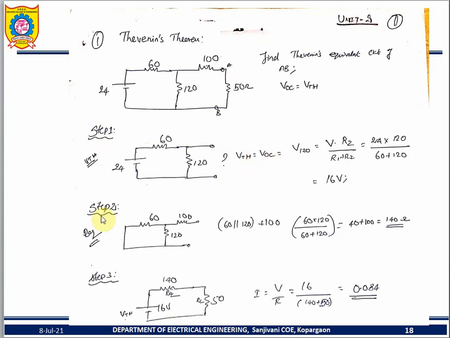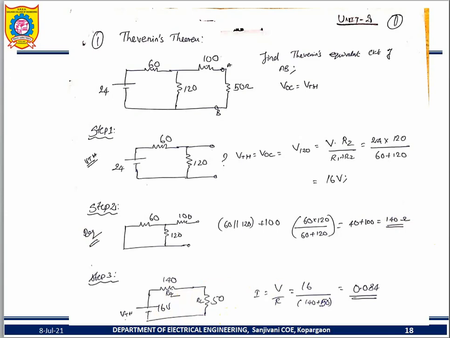Then step number 2: if more resistances are in the circuit, for example 3 more loops, all the resistances are replaced by one equivalent resistance. See, 1, 2, 3 resistances are replaced by one resistance. So the open circuit voltage in series with the equivalent resistance, connected across the load, lets us find the current easily. This is the statement.